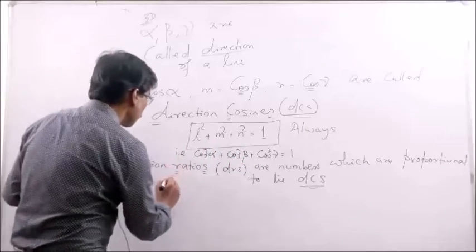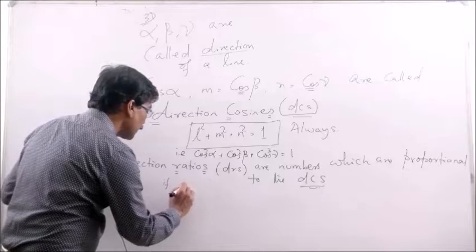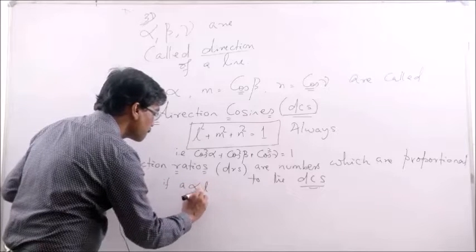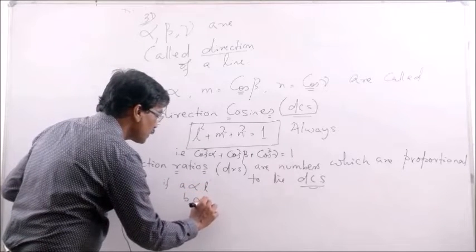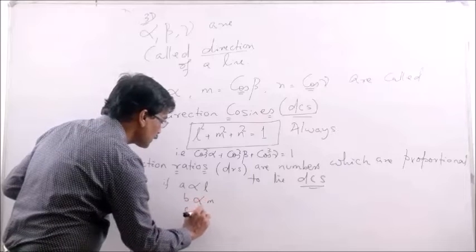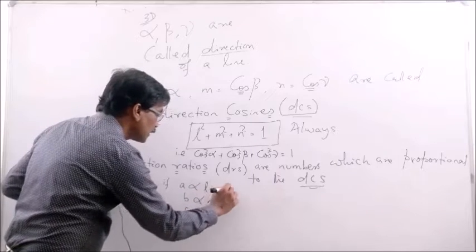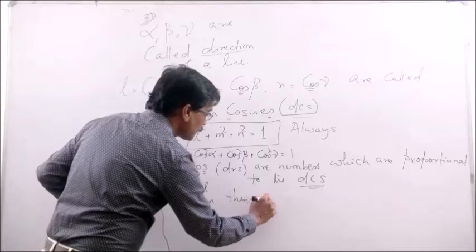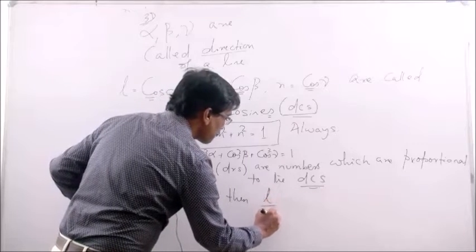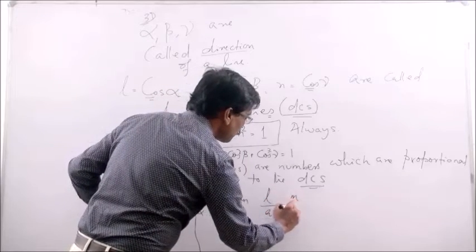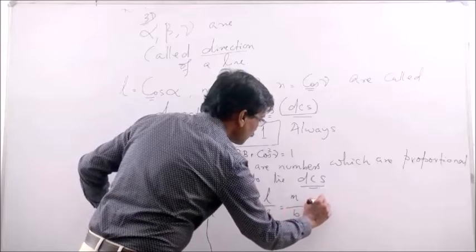That means, if a is proportional to l, b is proportional to m, c is proportional to n, then l by a is equal to m by b is equal to n by c.